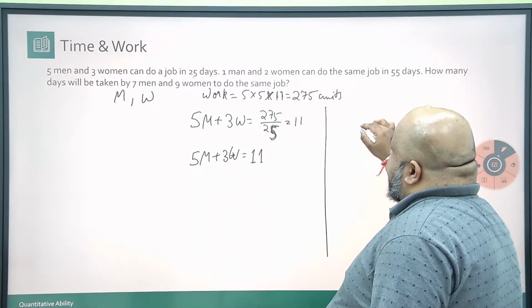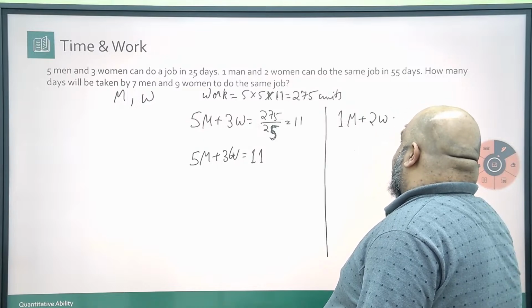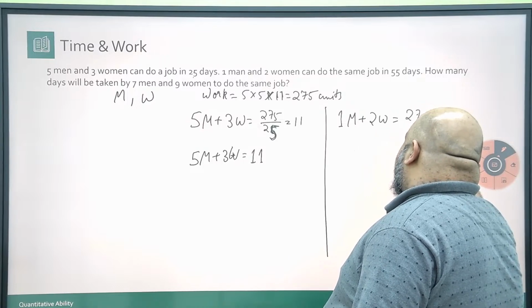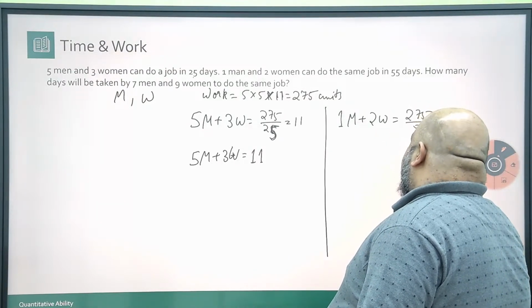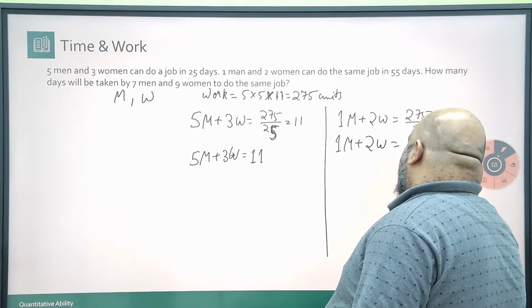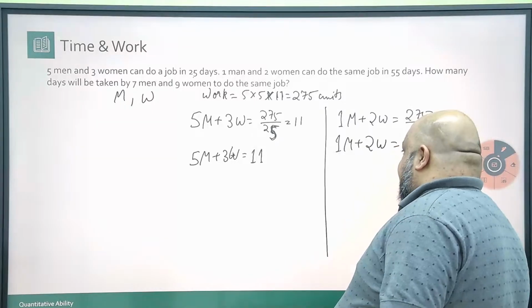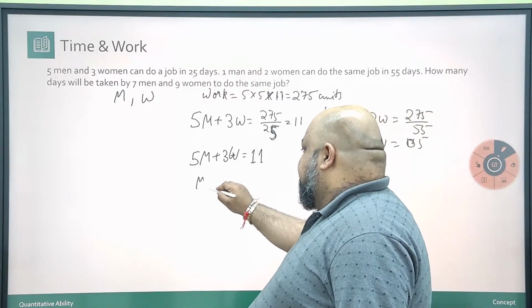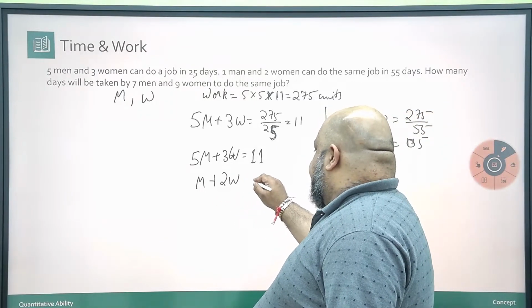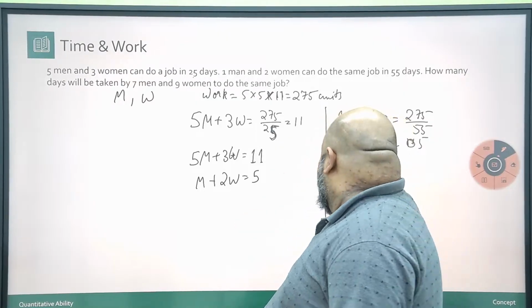Second, 1 man plus 2 women will do 275 units in 55 days. So 1 man plus 2 women is 5 units per day. So this is the second equation. From here, solve for m and w.